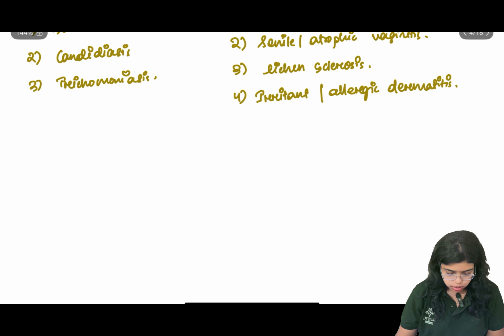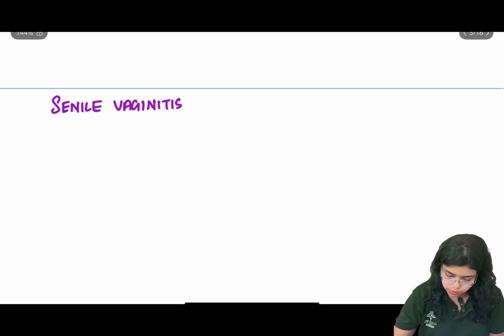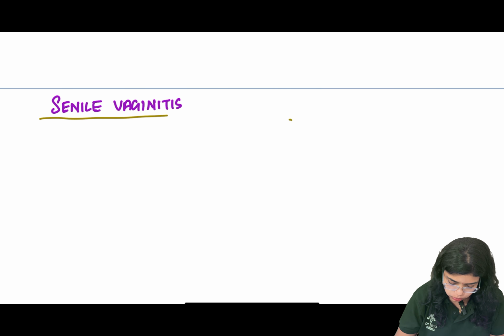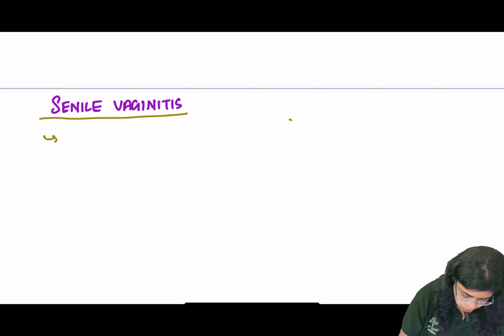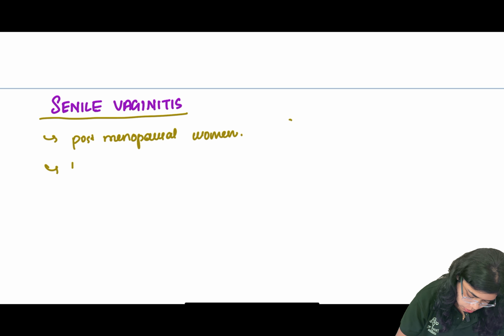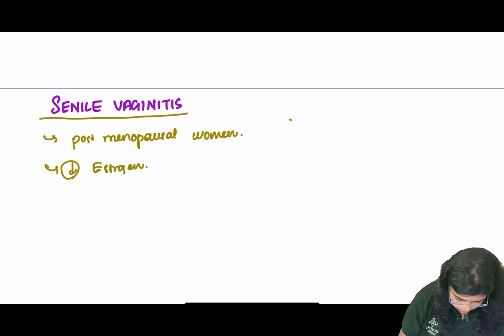So about senile vaginitis, what we learned is that this happens in postmenopausal women, and it is due to decrease in hormones, estrogen. Okay, and what are the clinical features?